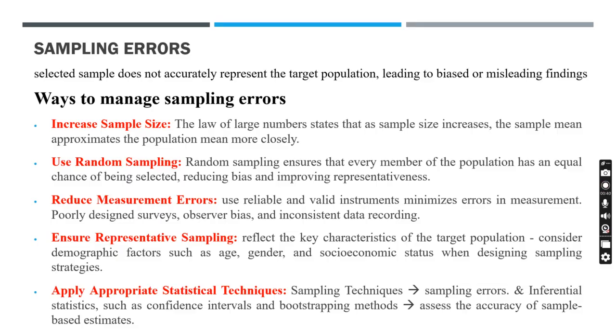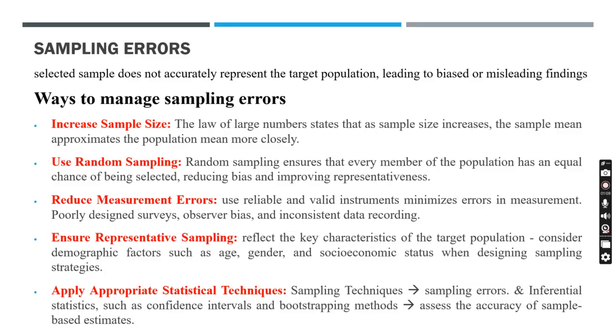So when a sample that we select does not accurately represent the target population, that could lead to bias or misleading findings. The results we get could be biased and misleading if the sample does not represent the target population. So how can we manage or reduce the sampling errors?